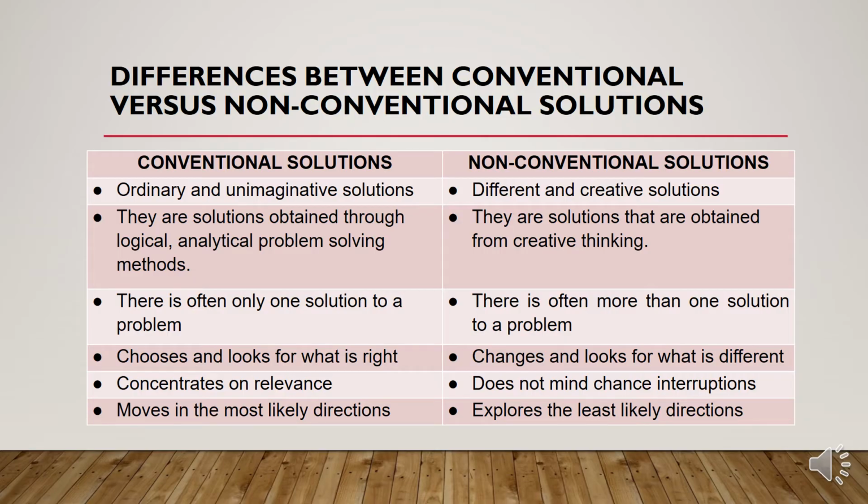Conventional solutions concentrate on relevance. Non-conventional solutions do not mind chance interruptions, or actually chance interruptions. Conventional solution moves in the most likely direction, whereas non-conventional solutions explore the least likely direction.